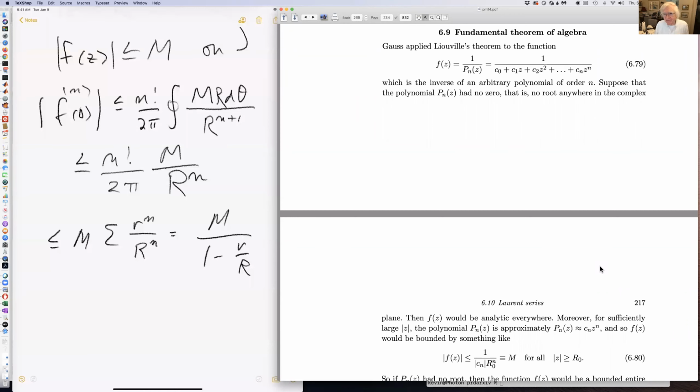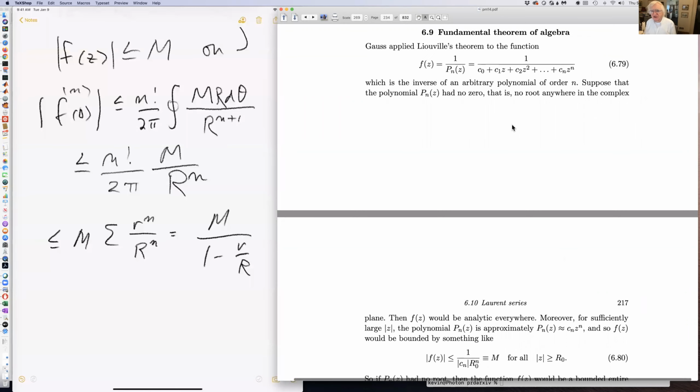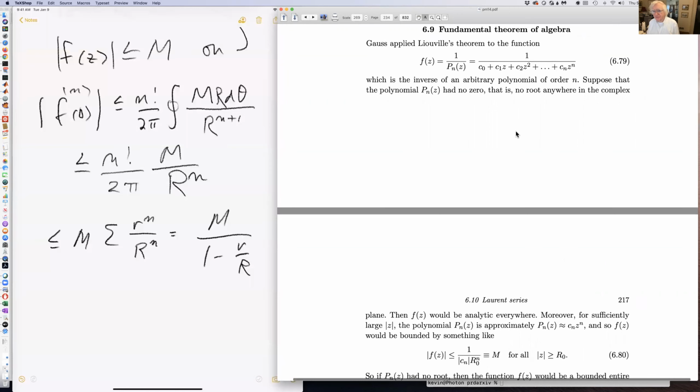Now, Gauss applied Liouville's theorem to the inverse of a polynomial of order n, say. What he asked us to do was to ask whether it's possible for the polynomial not to have any zero. In other words, that this polynomial is never zero. If it's never zero, then f would be analytic everywhere.